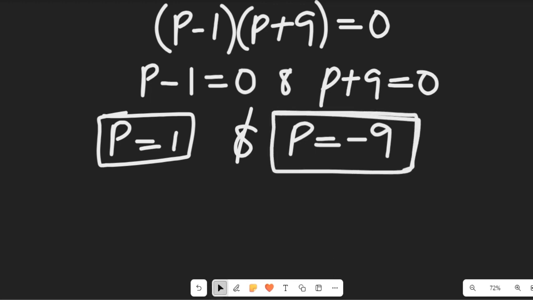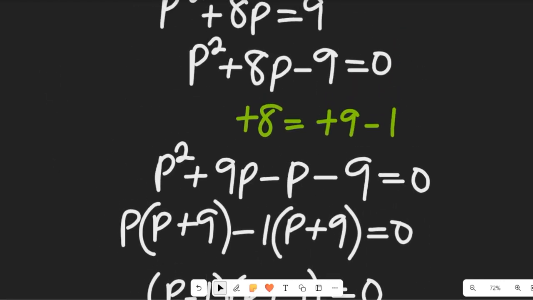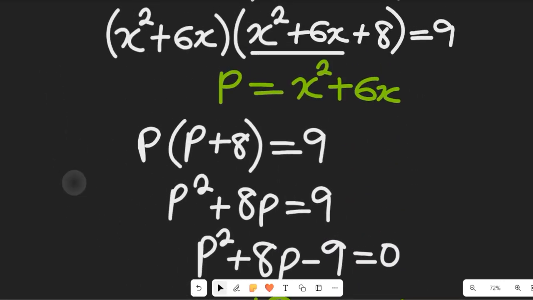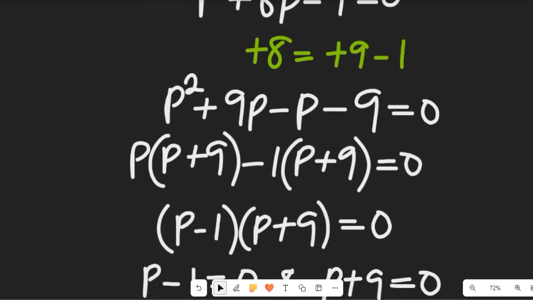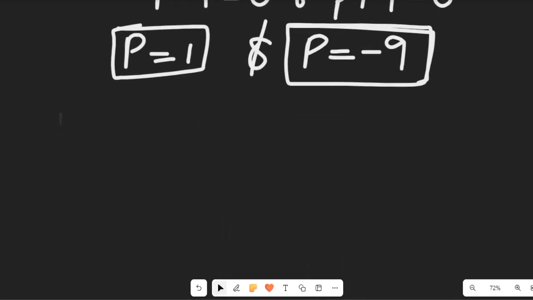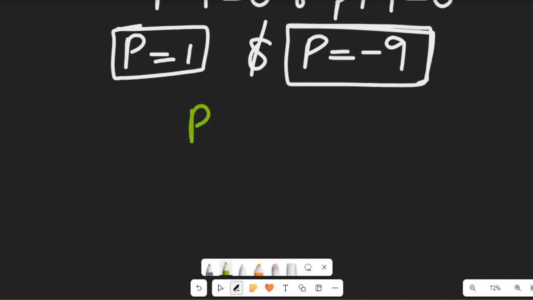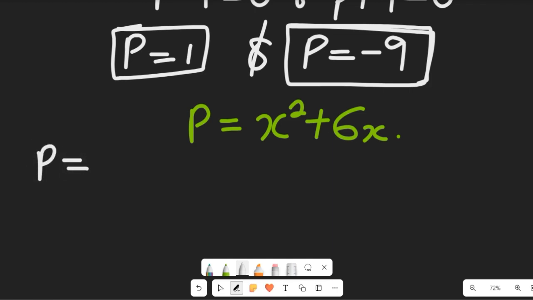Now recall, we are not finding the value of p, we are looking for the values of x. And we said earlier on that our p is equal to x squared plus 6x. So if p is equal to x squared plus 6x, then we are going to find separately the value of x when p is equal to 1.